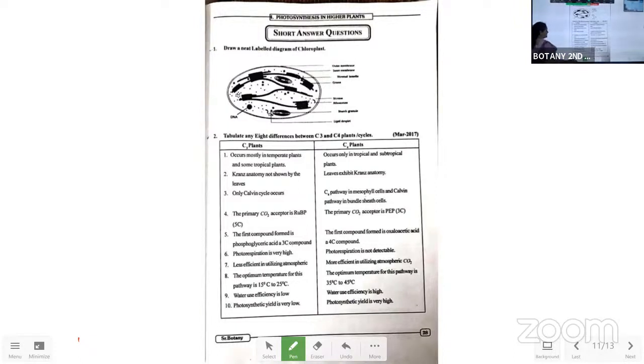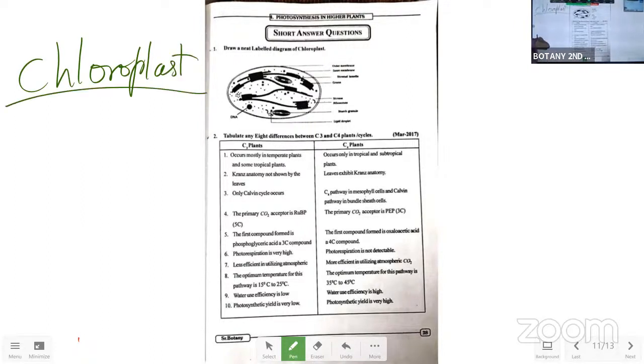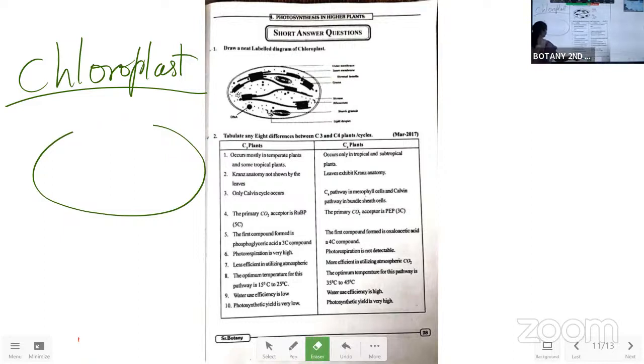So when they say draw a neat labeled diagram of the chloroplast, how to draw this? If you have drawn it and given the labeling part, then it is 4 out of 4. No need of writing a single sentence there, but you have to draw in a proper way. Draw the disc-like structure, and it should have 2 membranes.